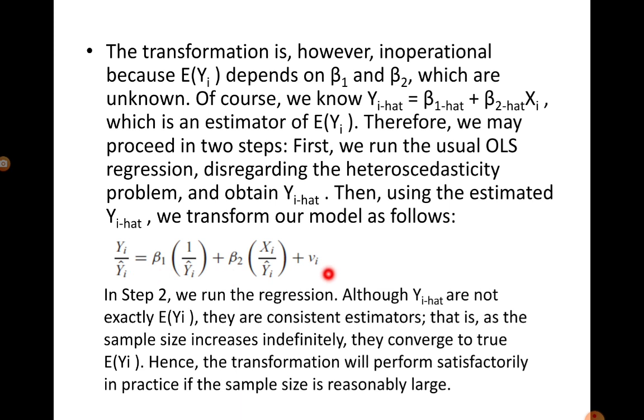So in step 2, we run the transformation where yi is divided by yi hat, beta 1 is divided by yi hat, xi is divided by yi hat, and the error term ui is divided by yi hat. Once again, the reason we are using yi hat is because it is the best estimator that we have of the original expectation of yi.